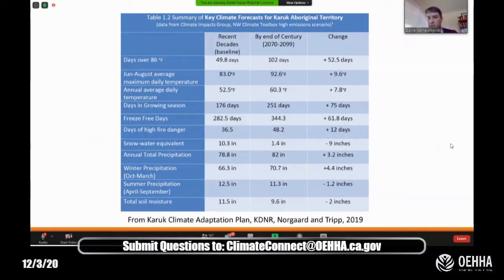The interior regions are going to experience much more than that. We're going to see longer, warmer summers with more extreme heat days. In terms of precipitation, annual precipitation is actually projected to go up a little bit, but likely will be more variable and delivered in shorter, intense storm bursts within a shorter wet season.